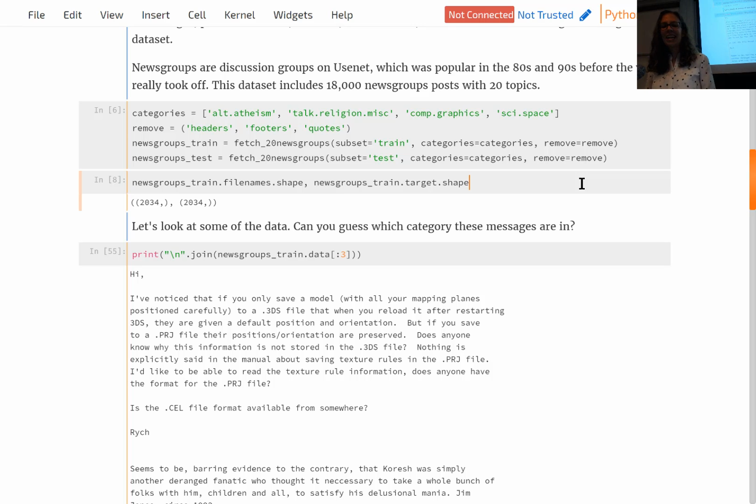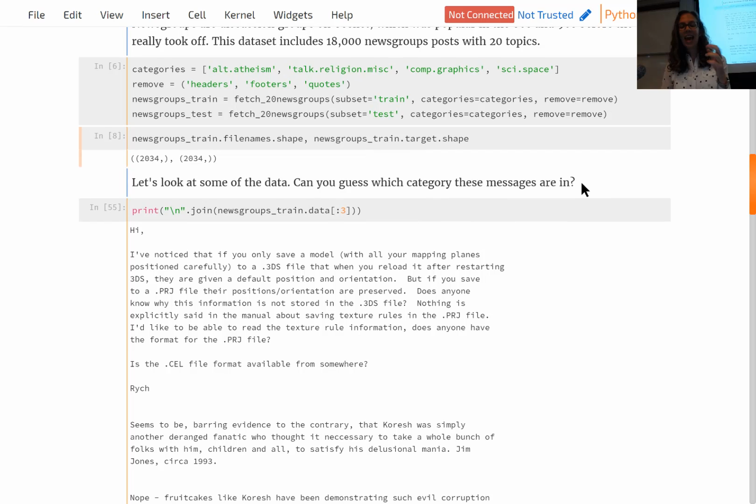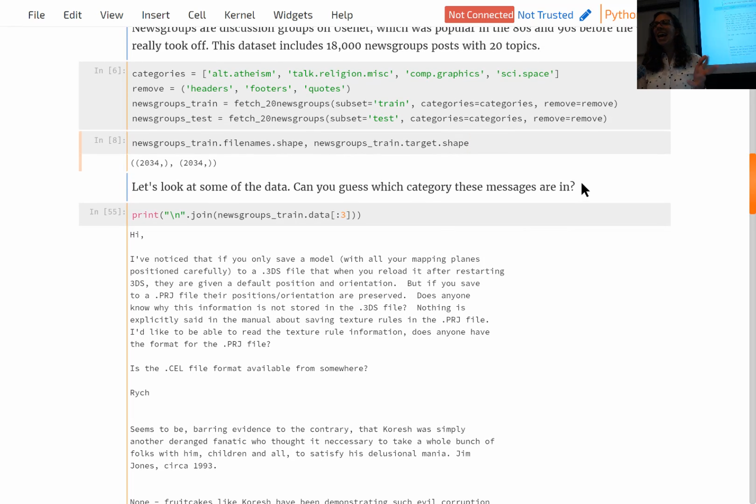Here, that's 2034, so that's how many separate posts we have. We'll just look at a few of them. I want you to guess which category each post is from. The choices are atheism, miscellaneous religion, computer graphics, or space.